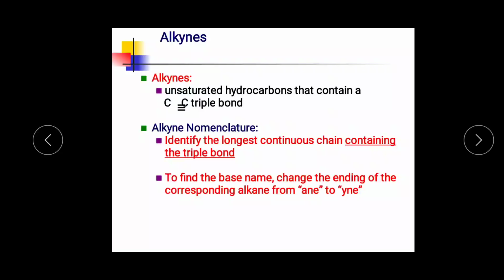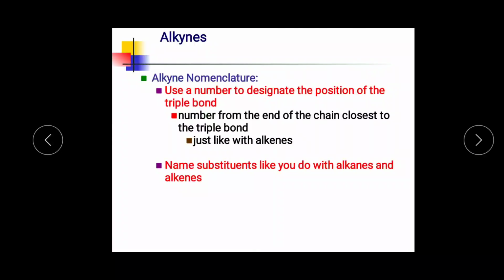Alkynes. Unsaturated hydrocarbons that contain a C≡C triple bond. In alkyne nomenclature, you have to identify the longest continuous chain containing the triple bond. To find the base name, change the ending of the corresponding alkane from -ane to -yne. Use a number to designate the position of the triple bond.